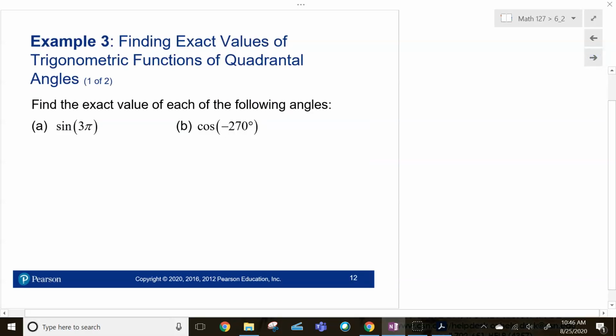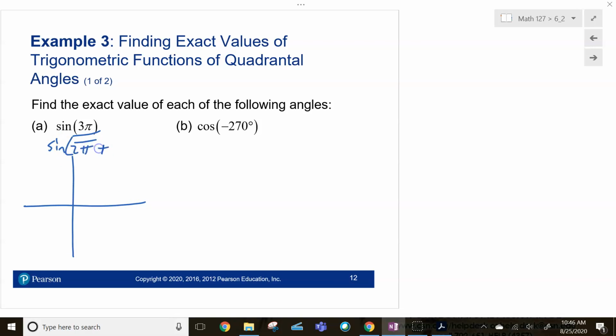All right, how about if it's not a quadrant angle? I'm sorry, if I've got more than one rotation, but in this case we do have a quadrant angle: sine of 3 pi. This is more than 2 pi, so I have to go around. How much more? I have to rotate 2 pi plus what gives us 3 pi? Well, 2 pi plus 1 more pi.